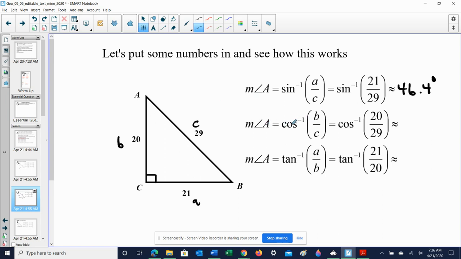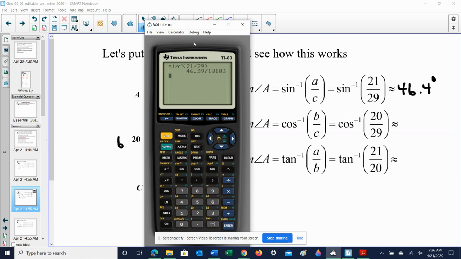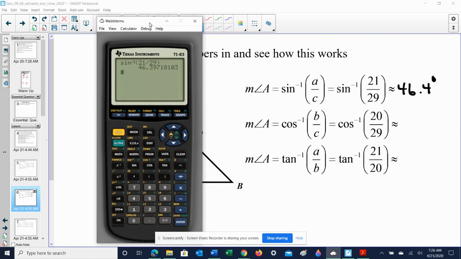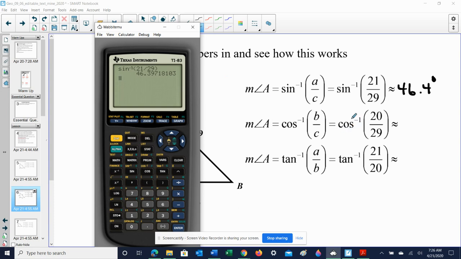So let's try it with the cosine. How would this work with cosine? Well, let me clear this. I'll leave that there. So what do I need to put in? Cosine is b over c, adjacent over hypotenuse, 20 over 29. So I'm going to hit the second key, only this time cosine. Now my numbers have changed slightly.